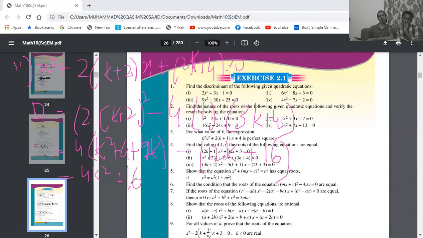So this one must be 4k square plus 16 plus 4 times 4 is 16k minus 12k minus 16. Sorry, this is negative 16. So this positive and this negative will cancel out.